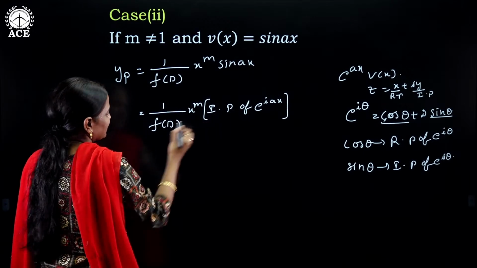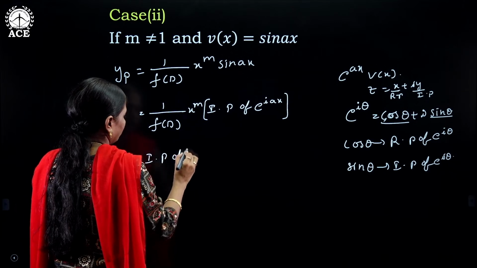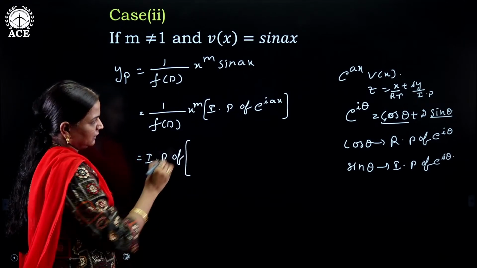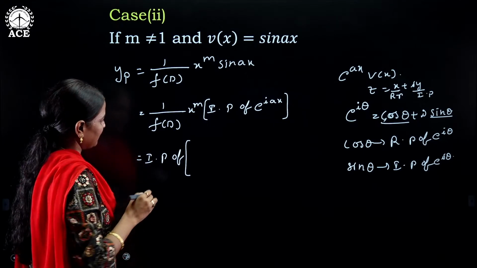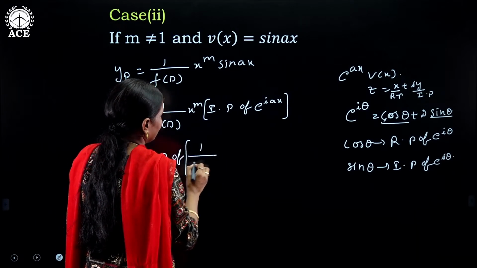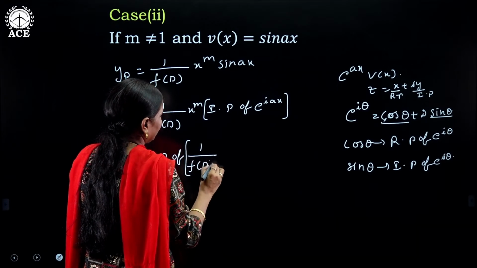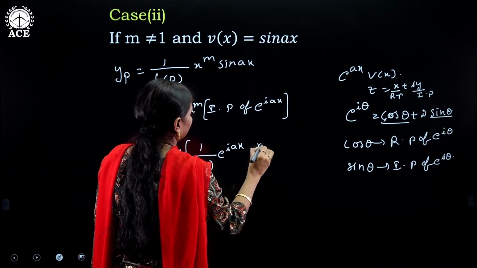Next, take this imaginary part entirely outside, that is, imaginary part of. Don't ignore that term. At last we pick only the imaginary part from the complex number, so just write imaginary part of outside. How to write this one? 1 by f of D into e to the power iax into x power m.